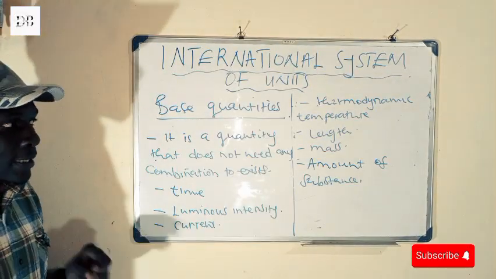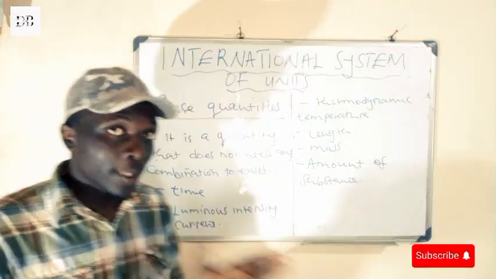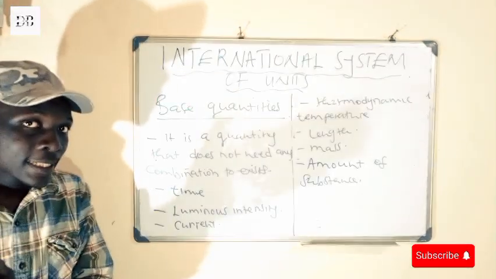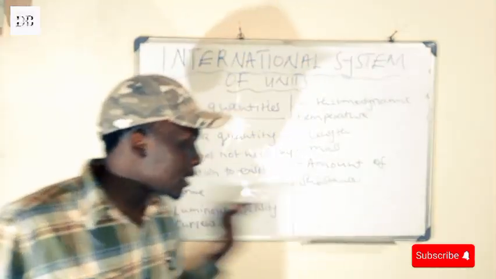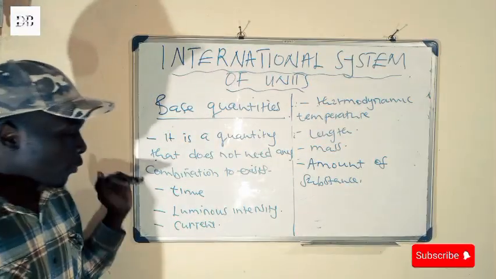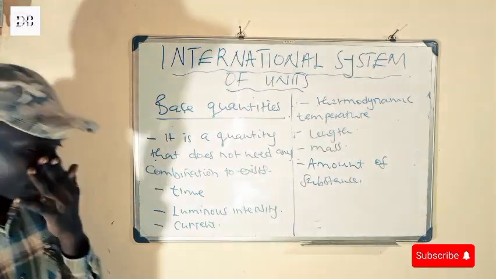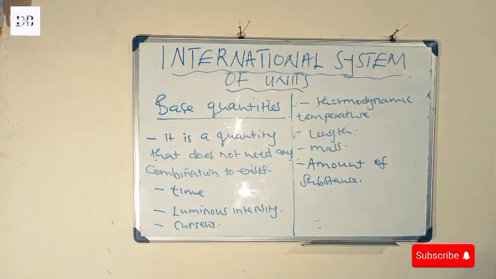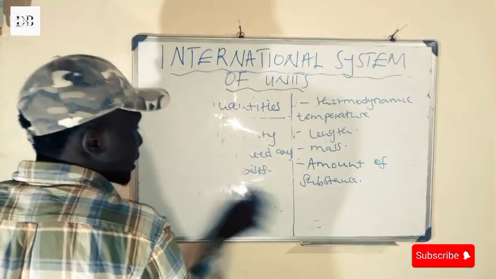Now, one thing you must understand here is that derived quantities are quantities that are obtained when you mix any 2 or 3 of these base quantities. Now I'm going to give you this table, so I need you to copy it down.